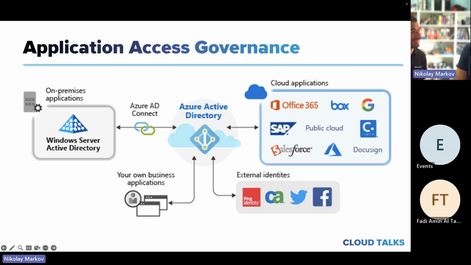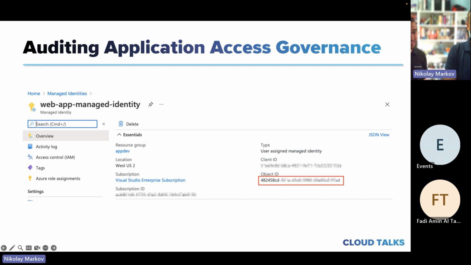Don't ever use credentials stored in the app code to authenticate, which never expire, and they may have full access to the database. I think we touched on the least privilege approach in the previous session. And auditing the application access governance.